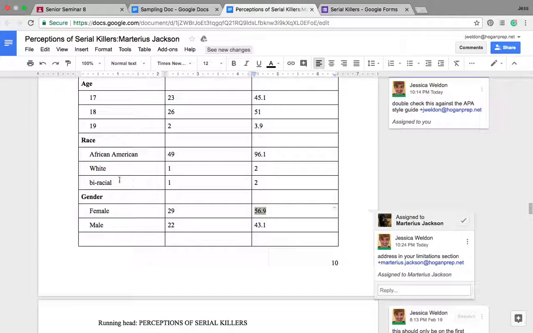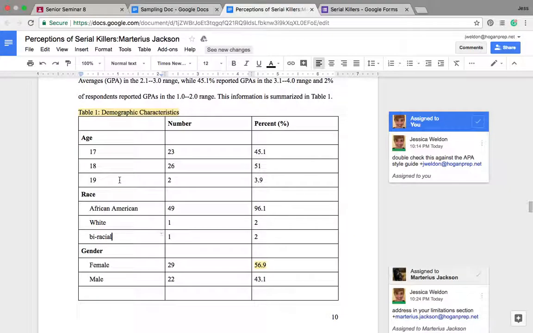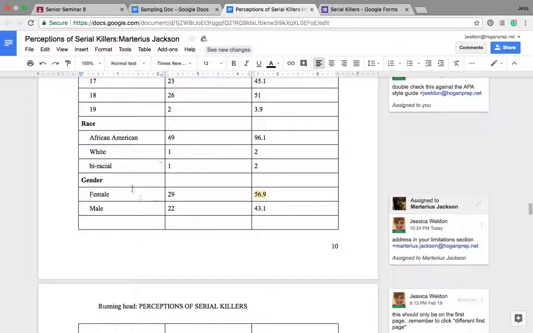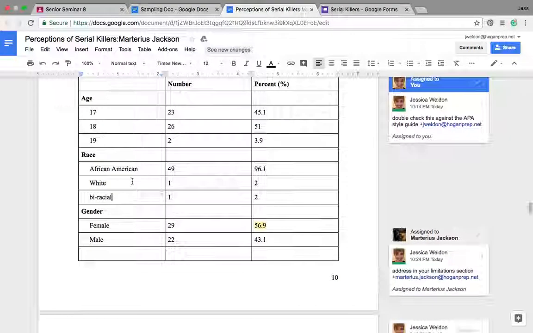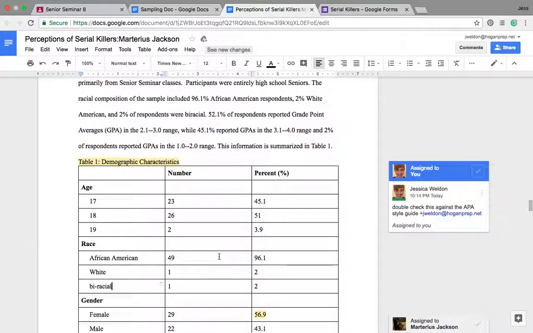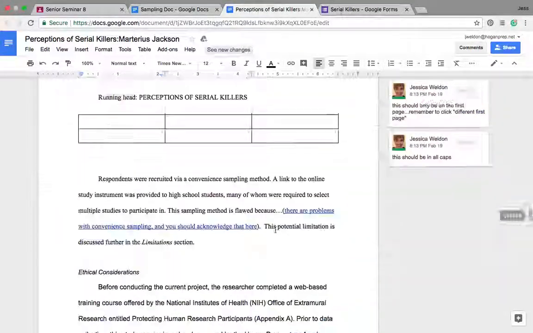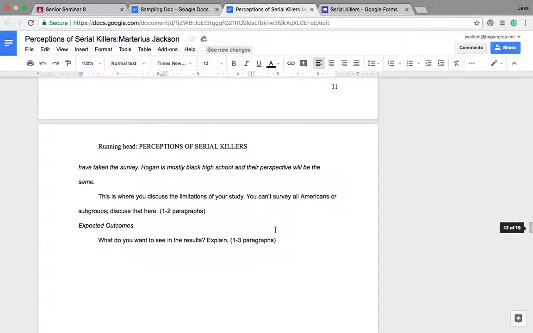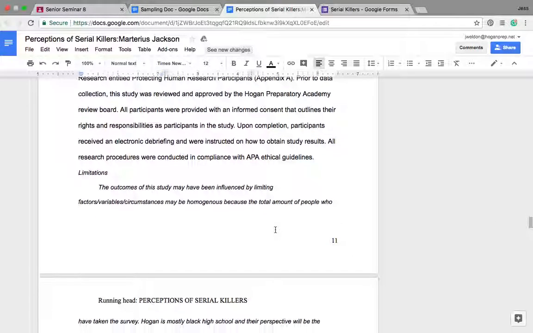It might be that the survey results are really only truly reflective of what women think, and they kind of ignore what men think about serial killers. And that's what you would put in the limitations section.